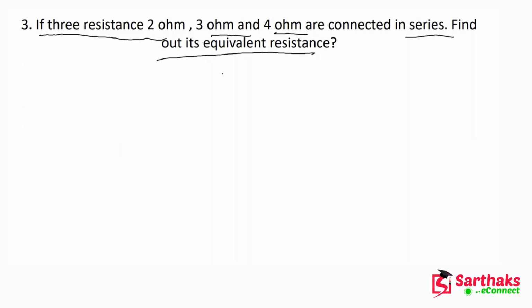So here it is saying that our resistances are connected in series. We know that whenever resistances are connected in series, the equivalent resistance can be found out by this formula: R1 plus R2 plus R3.